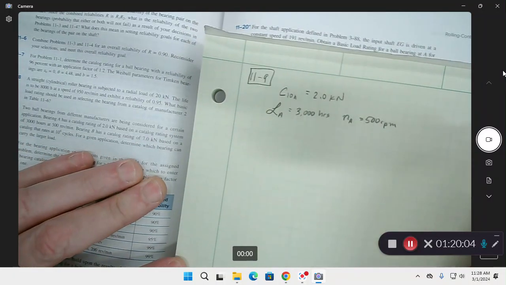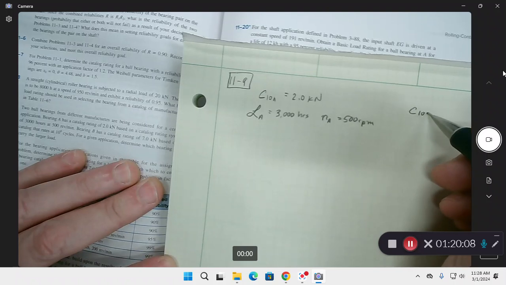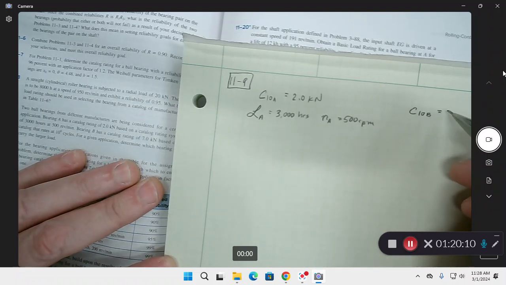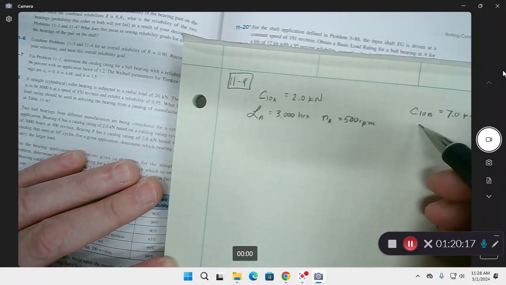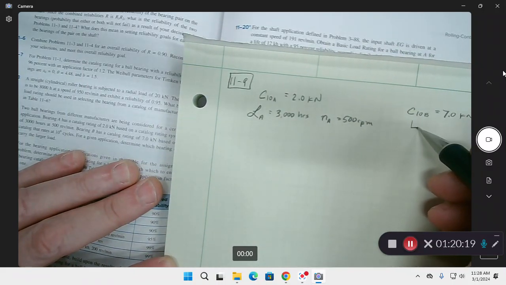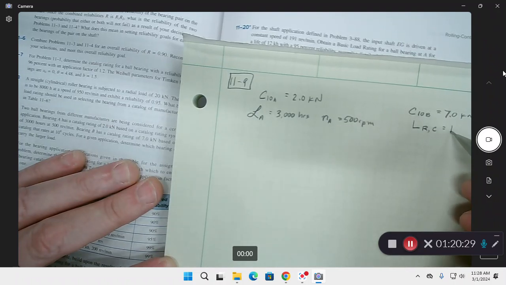Whereas manufacturer B has a catalog rating C10B of 7 kilonewtons, and they use a life L of 1 million revolutions. I guess I could have just made it C of 1 million.